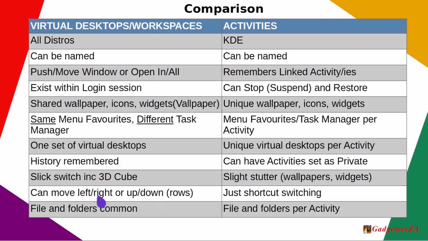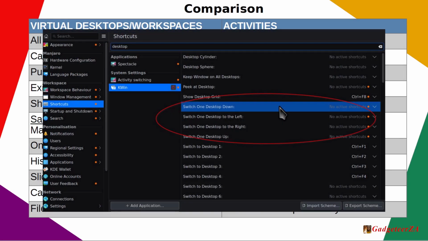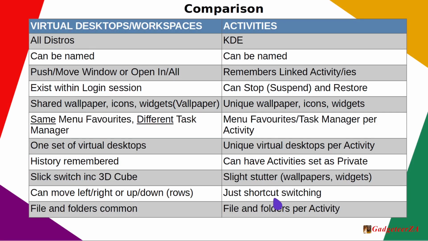Why that's important is because virtual desktops have also got a function to switch left, right, up, down, or whatever the case is, to navigate between your desktops. Unlike activities, like I said, you just got switching. You don't have activities arranged in columns and rows. So if you find this is a better way for you to work and switch between things, with left, right, up, down, keeping a mental image of your desktops, well, then maybe virtual desktops is better for you.